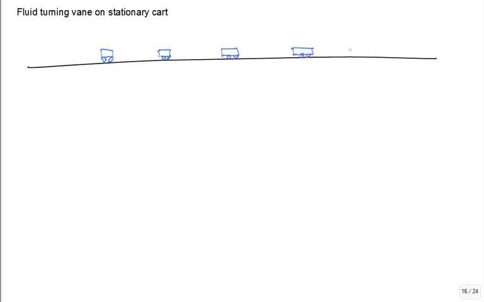So we have 5 carts, and we're interested in comparing the horizontal and vertical forces on each cart.